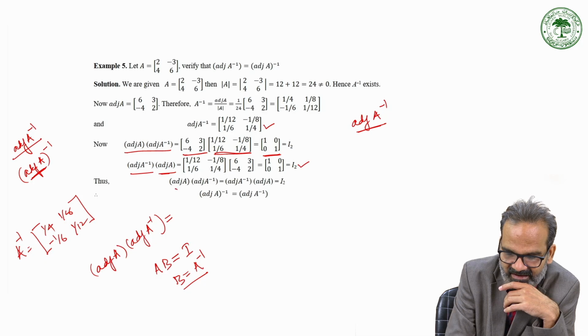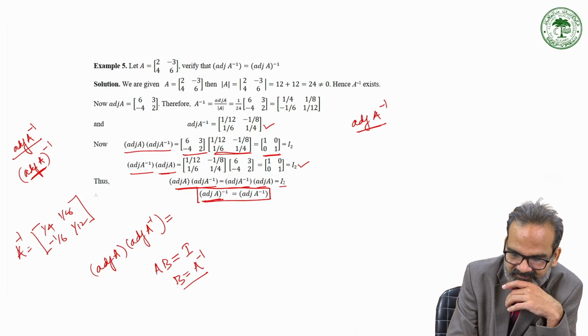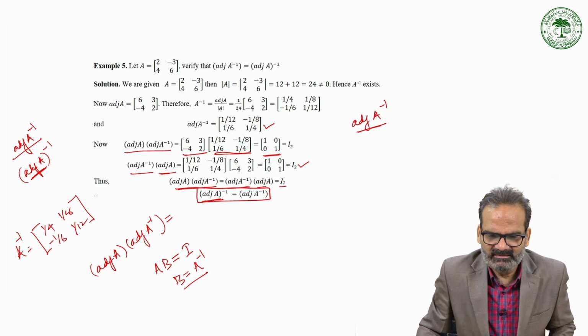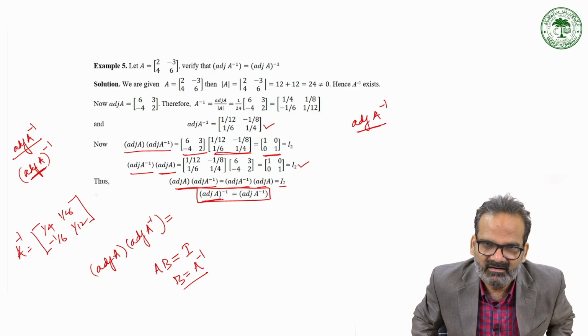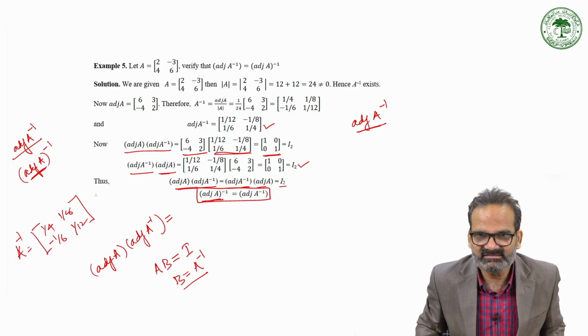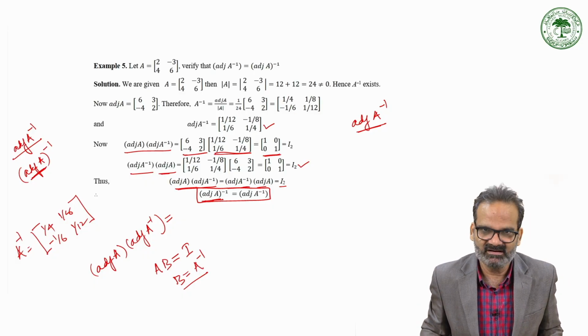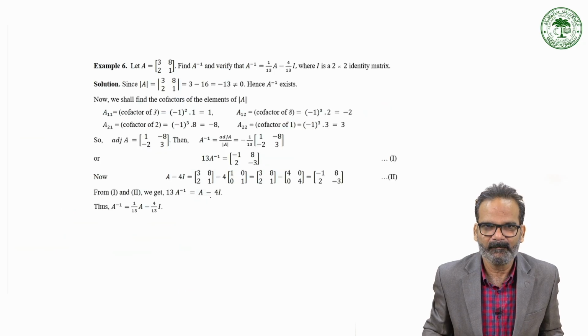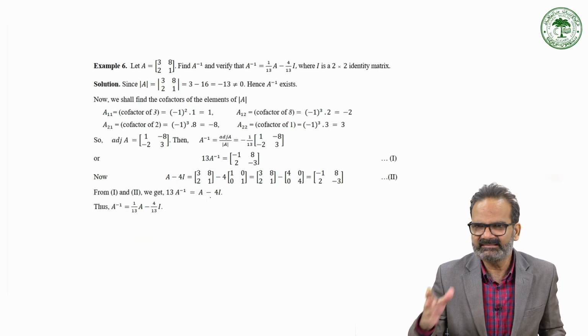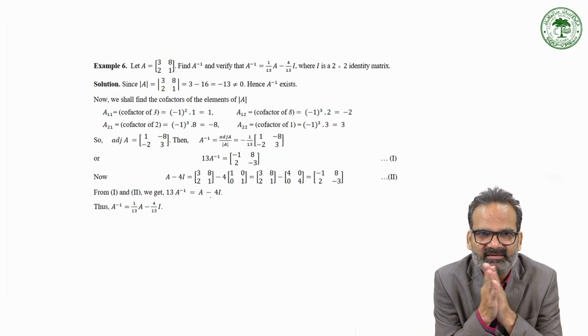So see, the adjoint of A into the adjoint of A inverse is equal to the adjoint of A inverse into the adjoint of A, is I. So the inverse of the adjoint of A should be equal to the adjoint of A inverse, right? So by using the definition of the inverse of a matrix, we can prove this property also, right? Like this is somehow a new example, right?